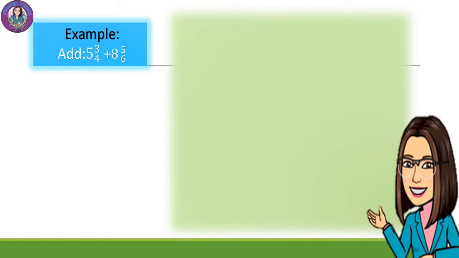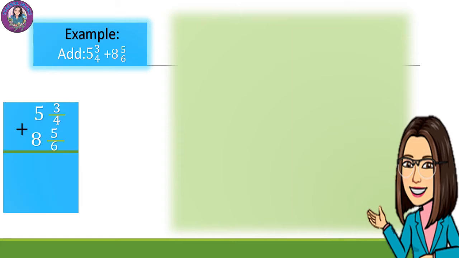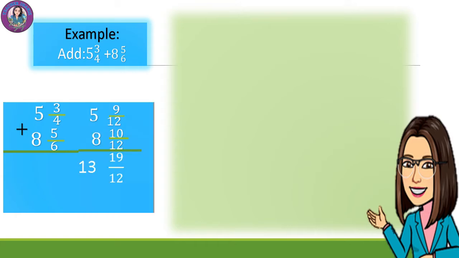First, we need to change them to similar fractions. Getting the equivalent fractions, that is 9/12 and 10/12. How did we get 9/12? That is 12 divided by the denominator 4, that is 3, times 3 equals 9, and the other one is 12 divided by 6 equals 2 times 5 equals 10.